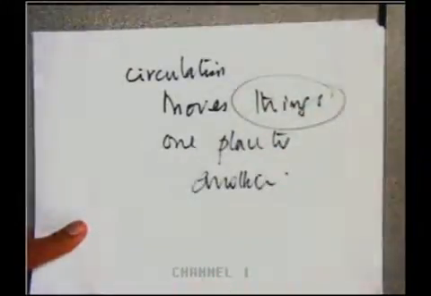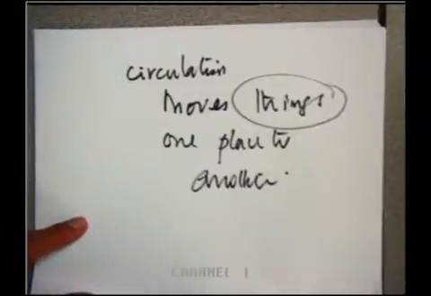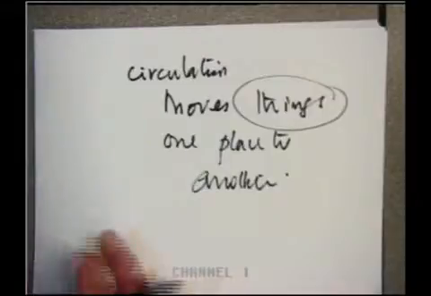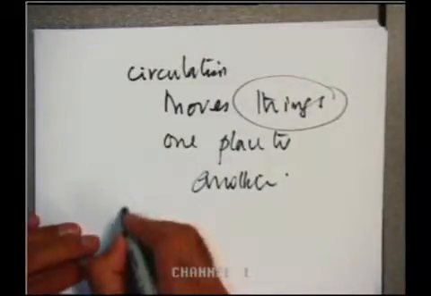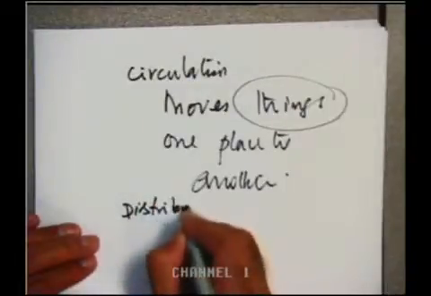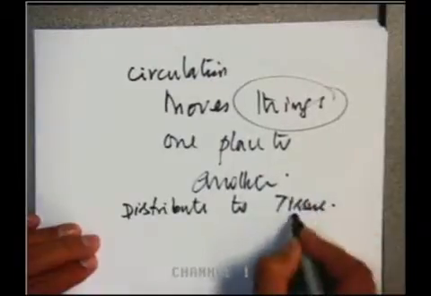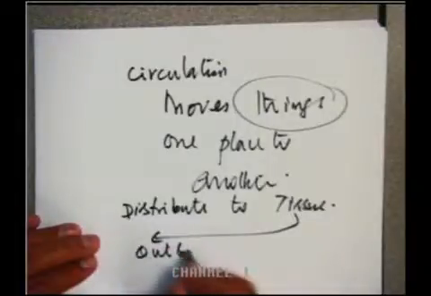Transports things, either oxygen or nutrients or whatever, and then waste products from one place to the other, like a cargo load. Also, they distribute to the tissues, all of them distribute to tissue, and then from the tissue to outside of the body.